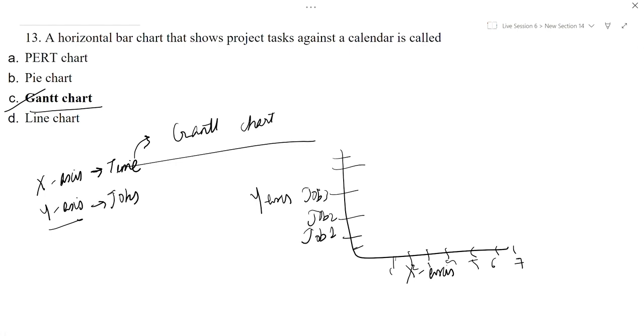Thus job or number of subjects or operations to be performed, a worker who will be doing the jobs, all these can be given in the y-axis.